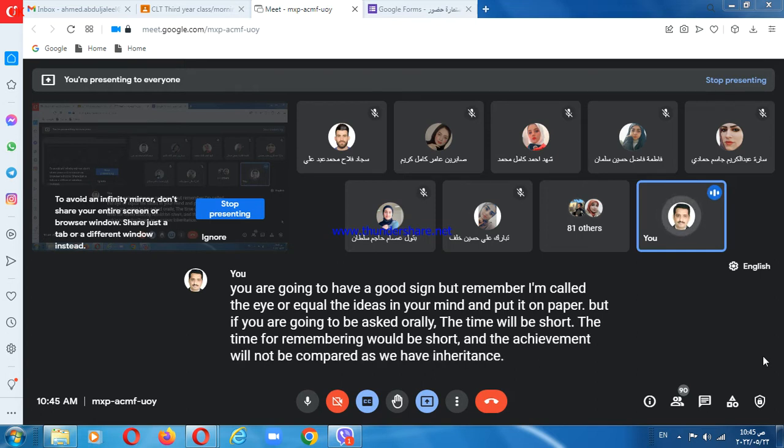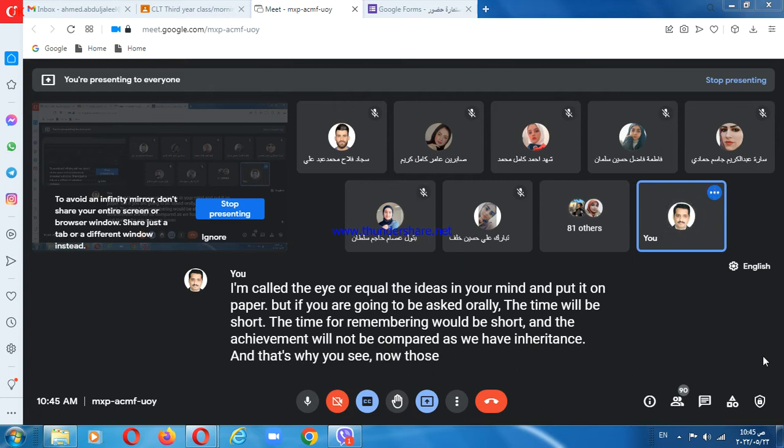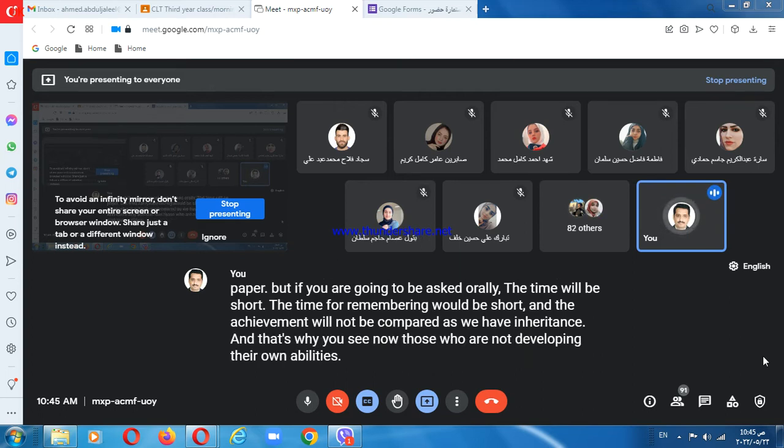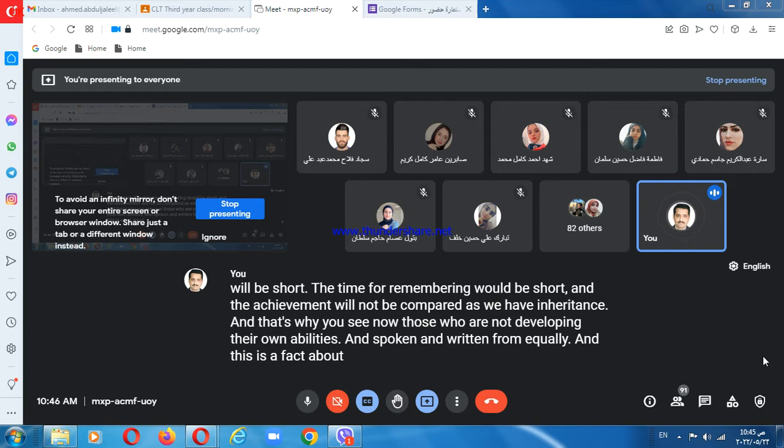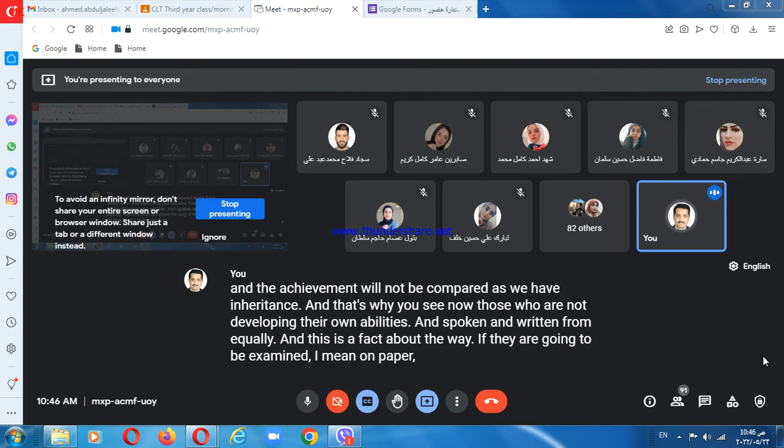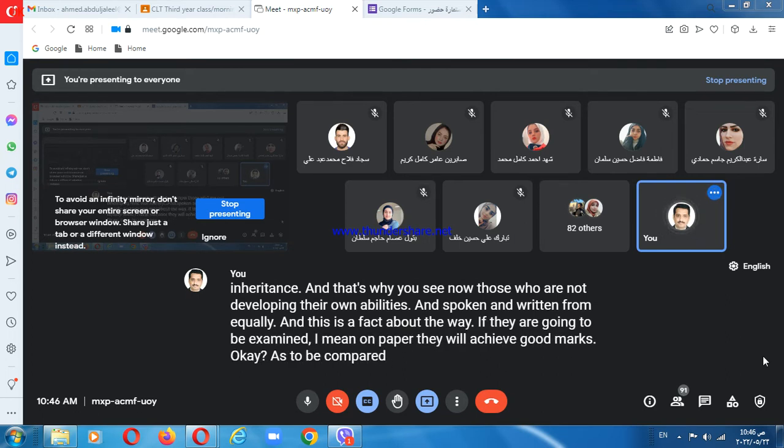and the achievement will not be comparable to what we have in the written form. And that's why you see now, those who are not developing their abilities in spoken and written form equally, and this is a fact, by the way, if they are going to be examined on paper, they will achieve good marks, okay, compared with the oral exam.